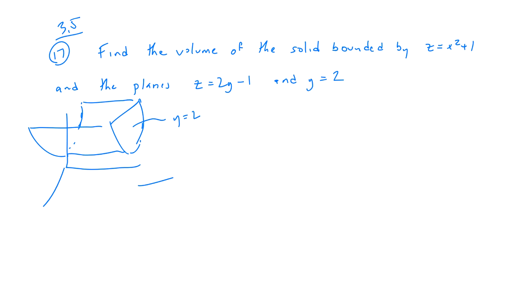So this is z. At y equals 2, 2y minus 1 is 3. So let me make that line z equals 3.